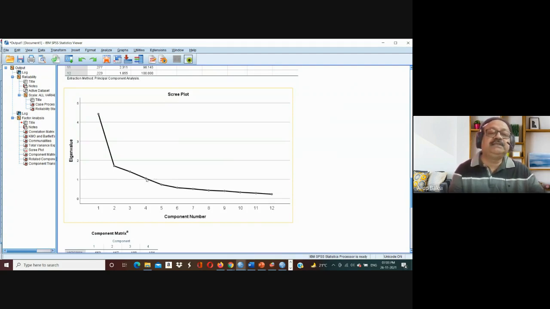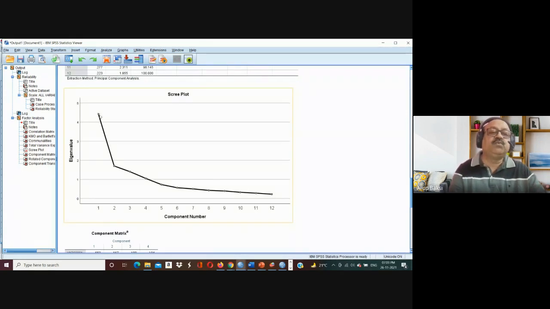So it has stopped over here, and after that it has come down below the 1 level. All these factors which have come down below the 1 level are not to be considered for my model. So my model has a four factor structure.